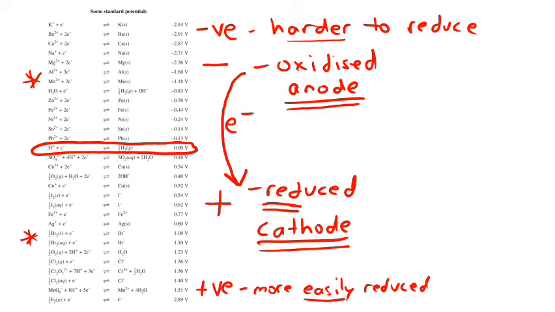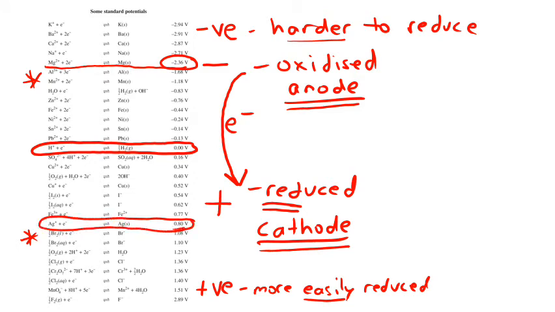Not only that, but if I take the difference, so let's take an example here. We've got magnesium being reduced here, minus 2.36 volts. That means it is very difficult for magnesium to be reduced compared to hydrogen. Let's say I join it to something lower in the list, like silver down here.